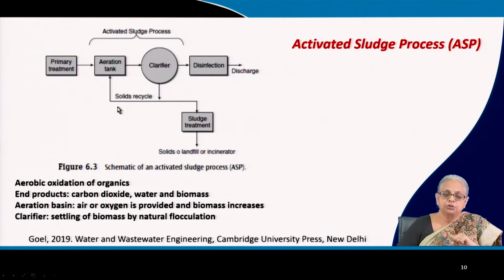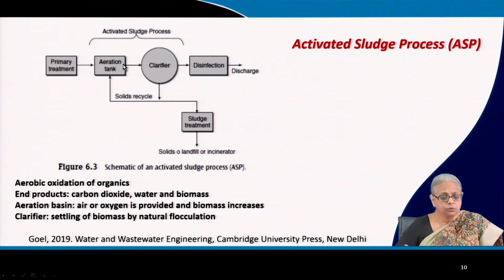So some part of the biomass will be taken back into the aeration tank, and whatever is in excess will go for sludge treatment. Part of the sludge will go to anaerobic digestion, and the remaining part will be recycled.